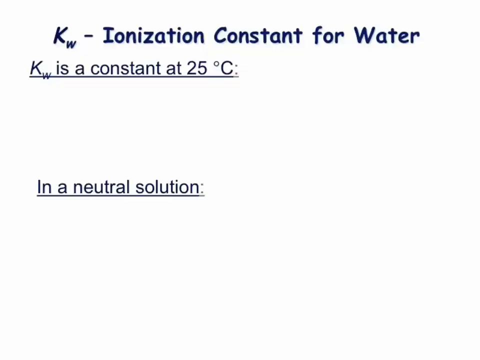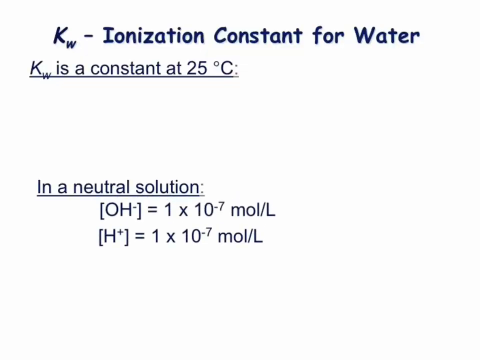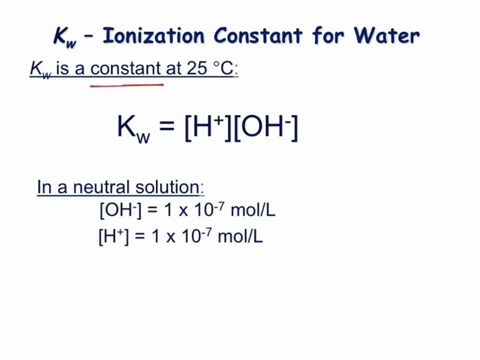All right, next. So what happens is water, because it's consistently ripping itself apart, has this constant. And that constant we call Kw. So Kw is a constant. Kw is equal to the concentration of my hydrogen ions times the concentration of my hydroxide ions. Since Kw is constant, at 25 degrees Celsius, it will never change. So the value of Kw is always 1 times 10 to the negative 14.